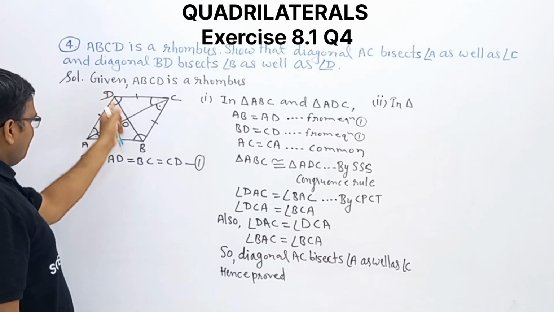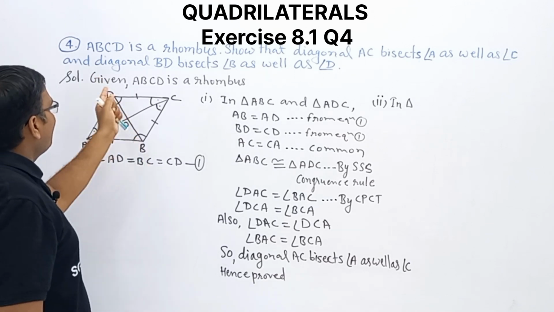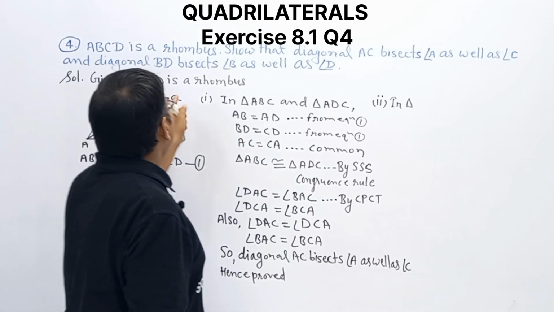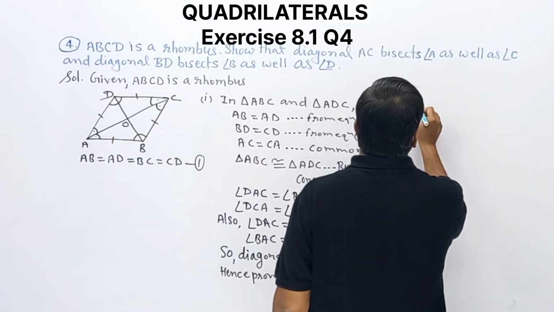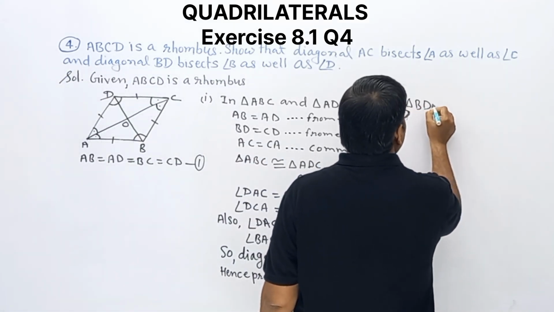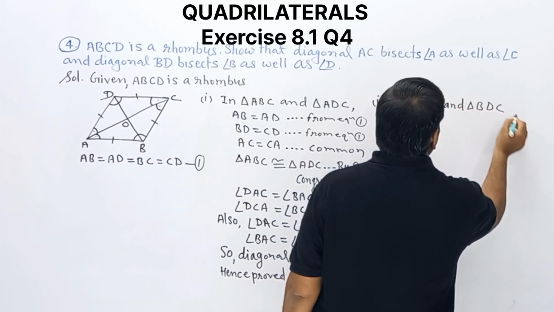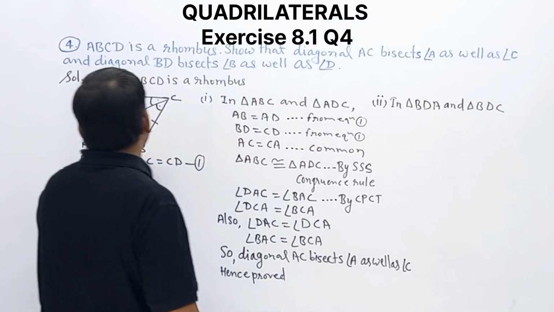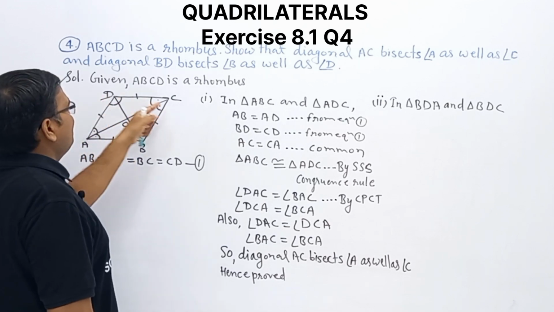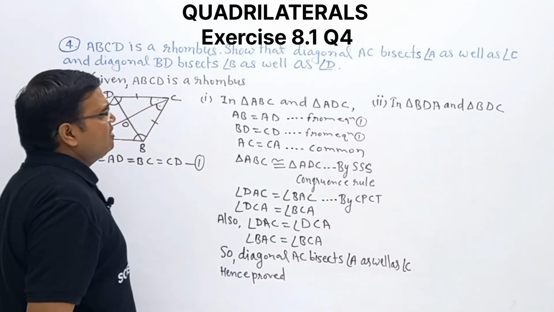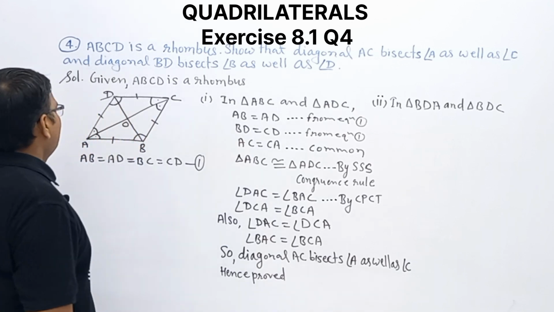The triangles in which we are discussing the BD diagonal. So triangle BDA and triangle BDC, in these two triangles.